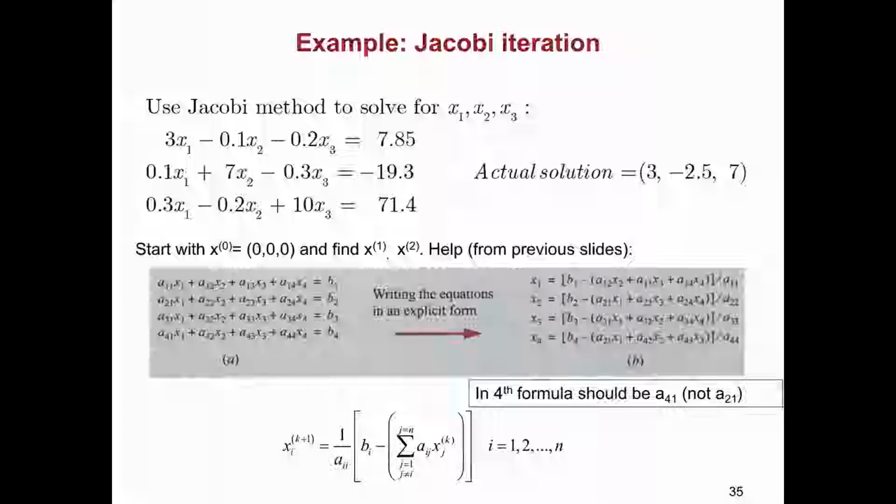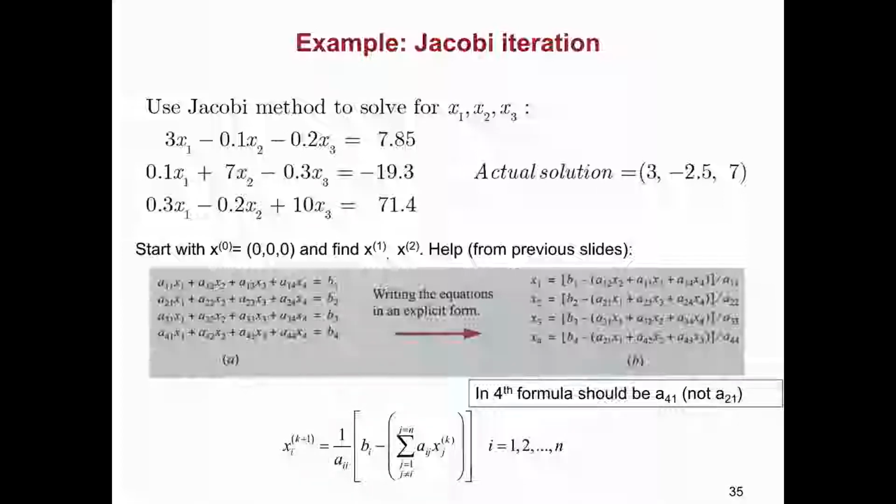This is my first x1. Then x2 is minus 19.3 minus 0.1 x1 and plus 0.3 x3, from the second equation, divided by 7.